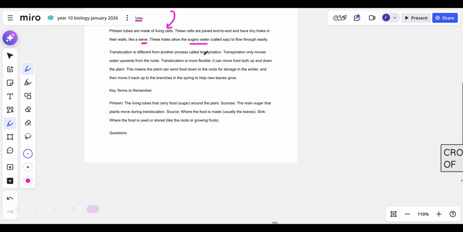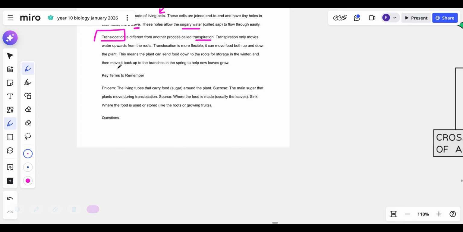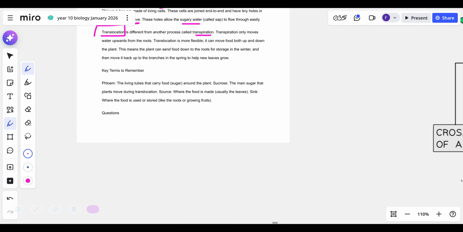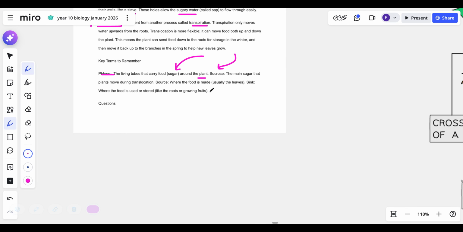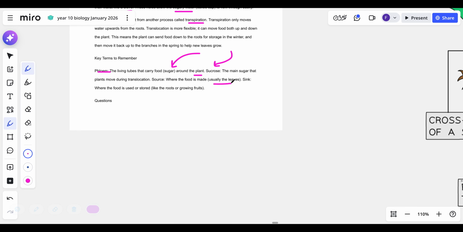So last time we looked at transpiration. This is translocation. Now, the things to remember: the phloem carries sugars around the plant. The sugar it moves is called sucrose. It's made in the leaves.